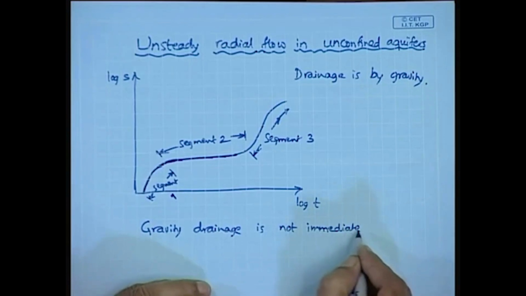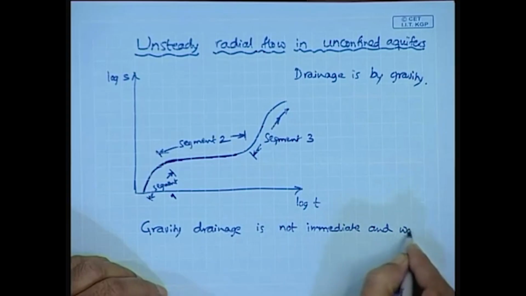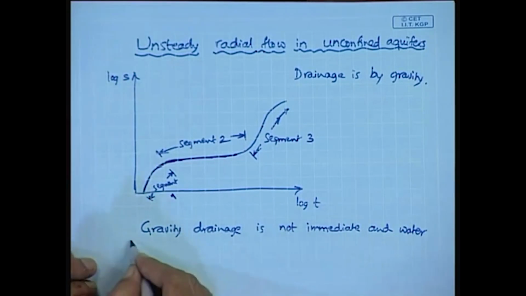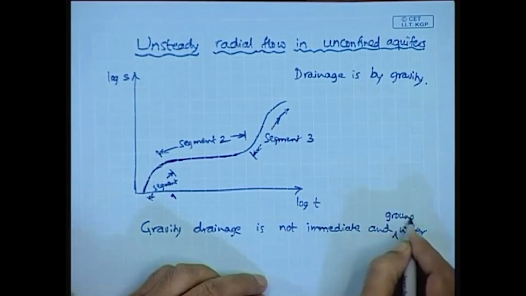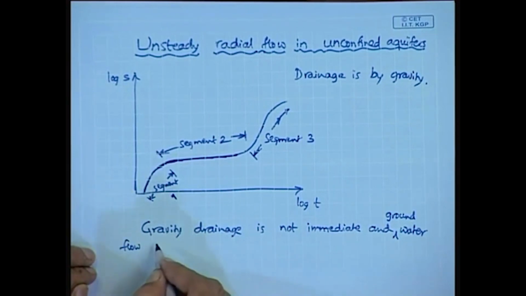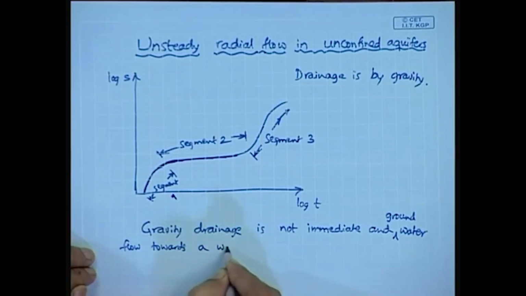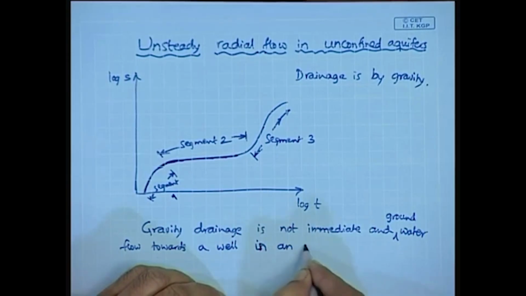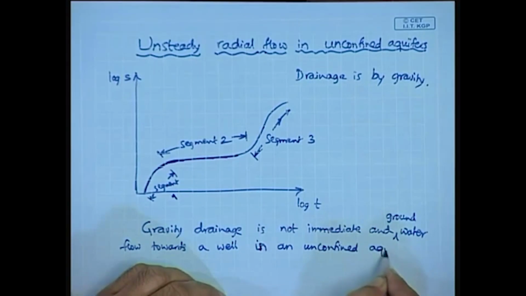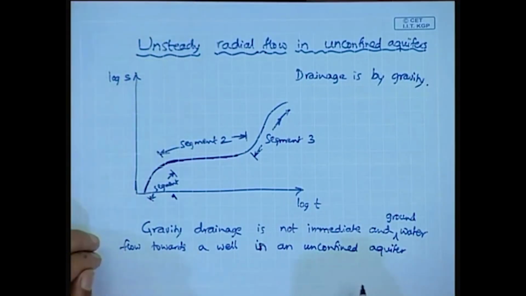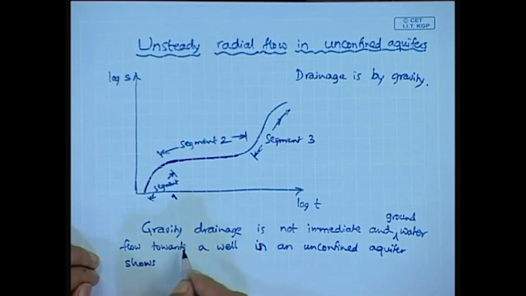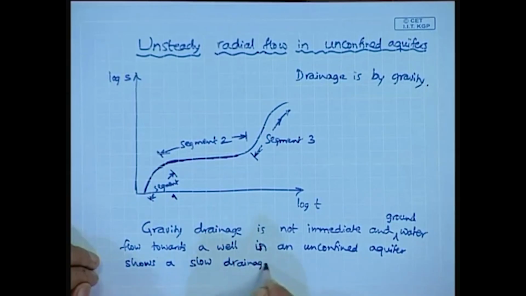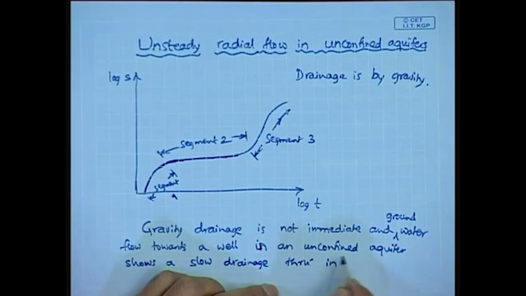So basically groundwater flow towards a well in an unconfined aquifer shows a slow drainage through the interstices or the pores.